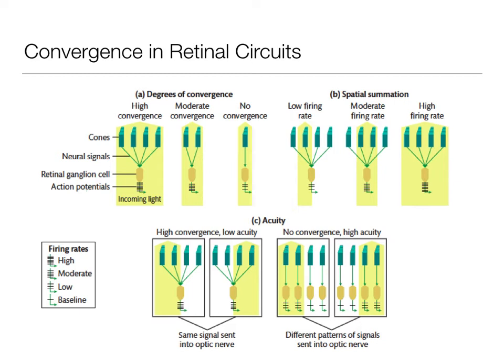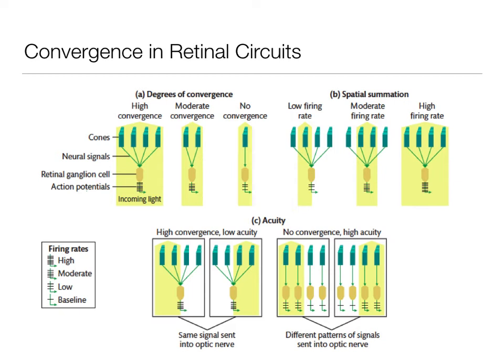And the way that spatial summation works is in the top right, where it's talking about firing rate, okay? So on the left where it says low firing rate, you can see coming out of that RGC, we have fewer ticks than we do on some of the other cells. And that's because we're just putting a little bit into that funnel. Only one of those photoreceptors is being activated, okay?